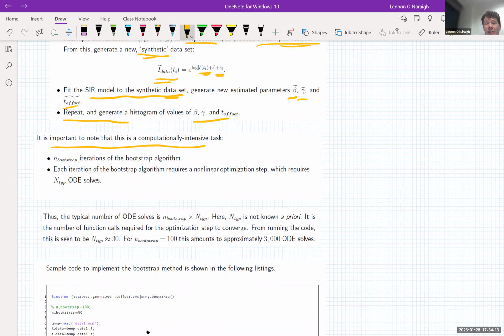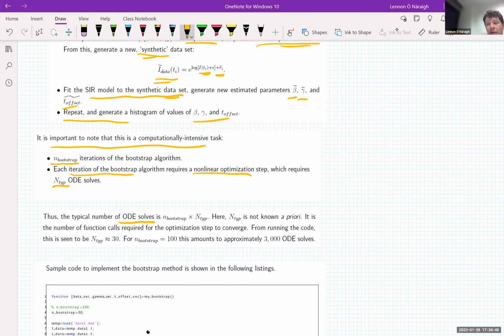This is a computationally intensive task because I have to do the bootstrapping n bootstrap times, and each iteration of the bootstrap algorithm requires a nonlinear optimization, and each function call to fmincon involves solving the ODE. And to get fmincon to converge, I might need to do n typical iterations. So that's n typical ODE solves.